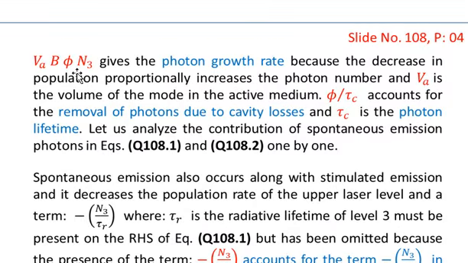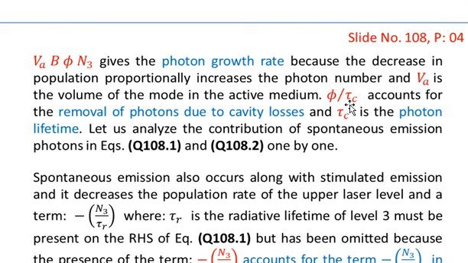Va times B times phi times N3 gives the photon growth rate, because the decrease in population proportionally increases the photon number, and Va is the volume of the mode present in the active medium.